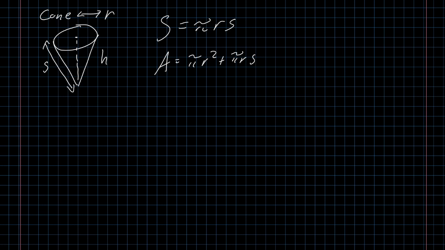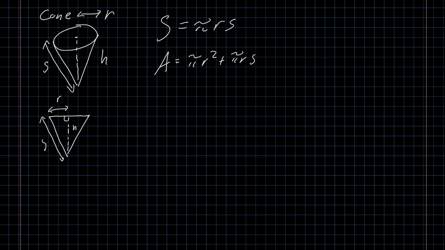Although if I change my perspective of this cone, and instead of looking at it from that 3D perspective, I look at it edge on, you will realize that the thing that they call s is the hypotenuse of a right triangle.